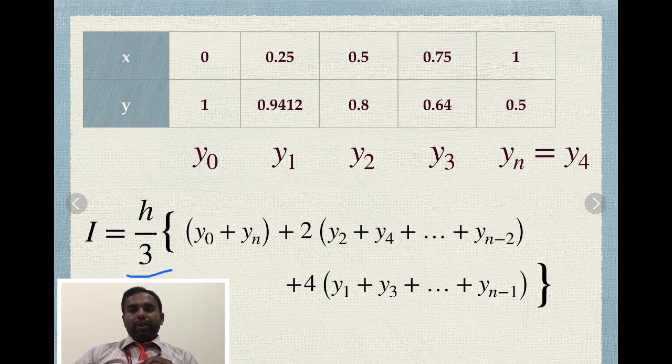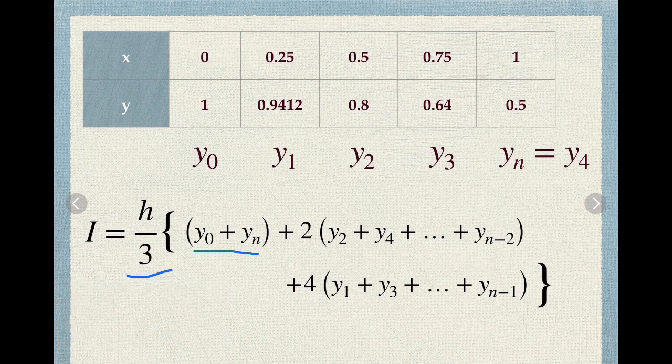Then y naught plus yn is common in both the formulations. Then 2 times all the even numbered terms. Did you see that? All the even numbered terms. By chance, if I had 6 terms, for example y6, with 7 ordinates, then I would have got both y2 and y4 here, and yn equal to y6 would have been substituted here.